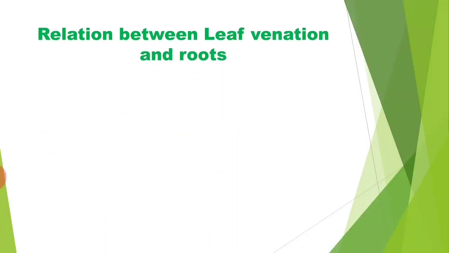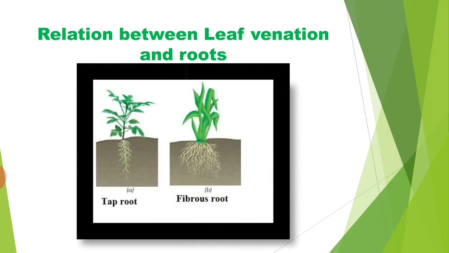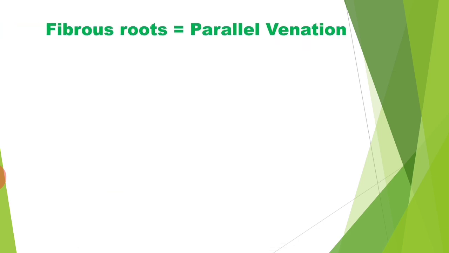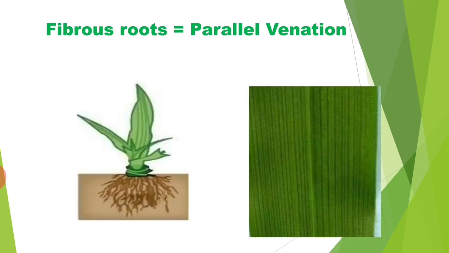Now, is there any relationship between the leaf venation and the roots? Yes, we will study about it. There is a relationship between the kind of roots and the leaf. Fibrous root will always have parallel venation. Means if the leaf has parallel lines on it, parallel venation, we will understand that it will be a fibrous root.